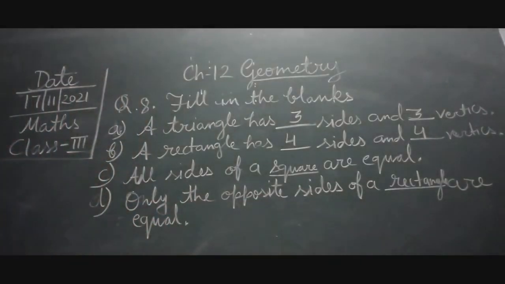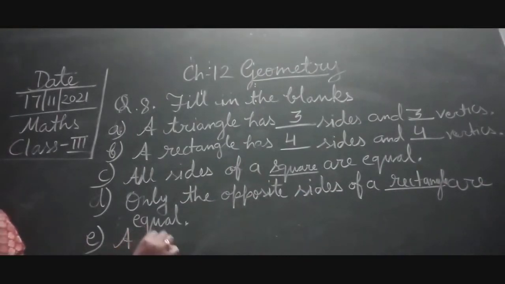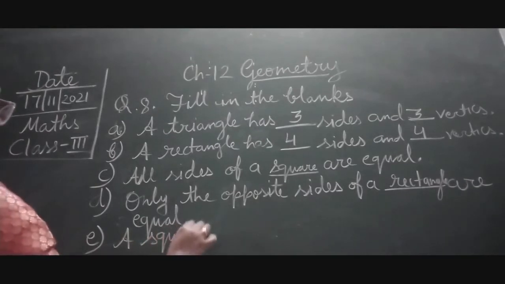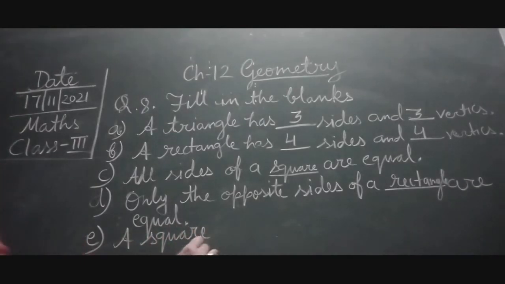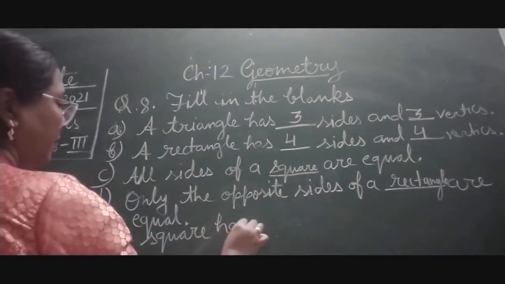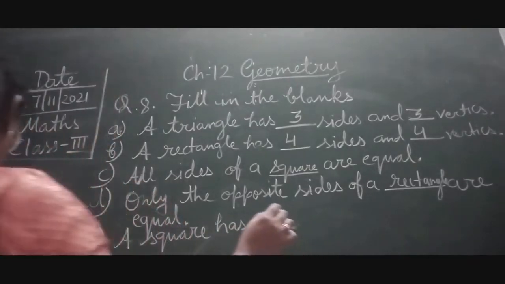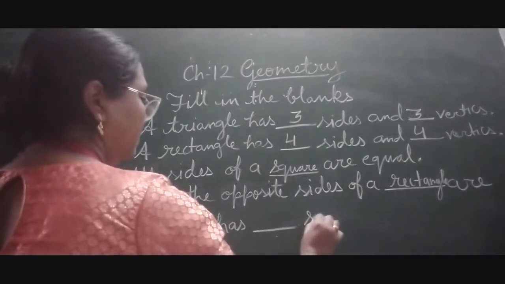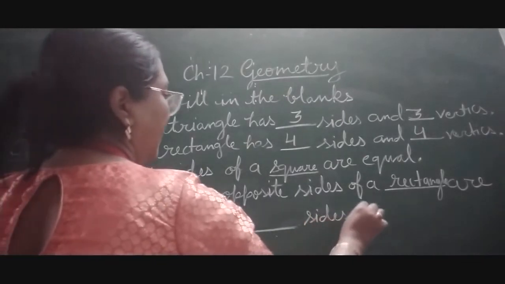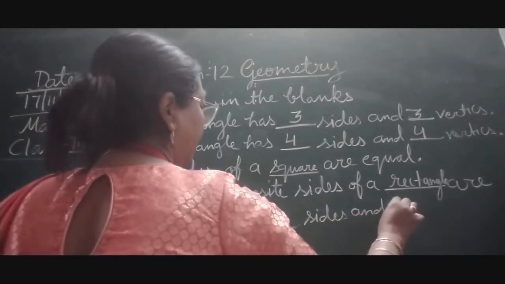Now E number, we are going to do a square. A square has dash sides and dash vertex.